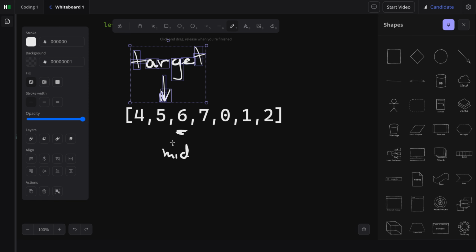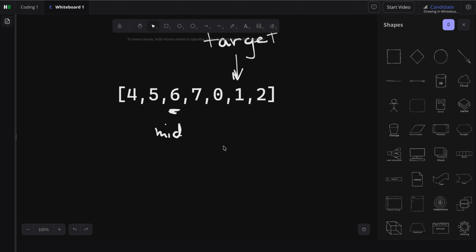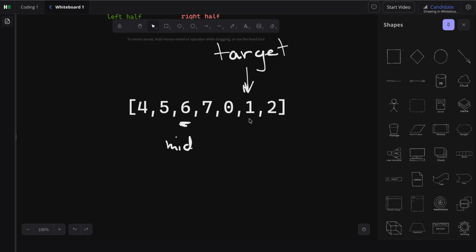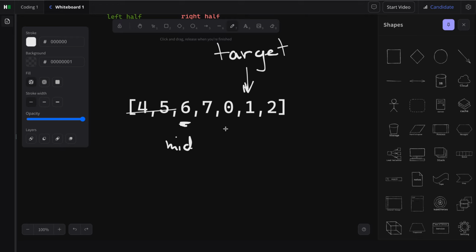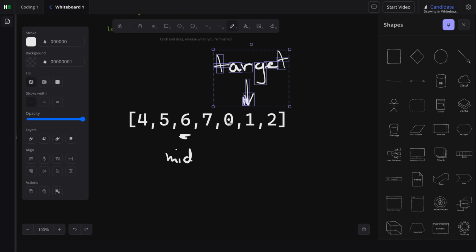And if the target is actually over here somewhere, then 1 is less than 4, so you can just eliminate this and go over here into the right section. You can't go in both directions at the same time.